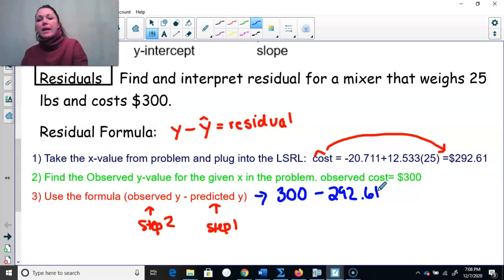I'm going to put that in my calculator. $300 minus 292.61, and I get 7.39. Okay, so now we need to talk about what that residual actually means.